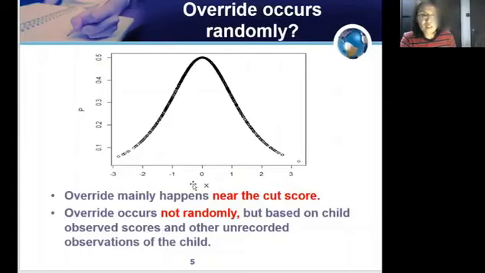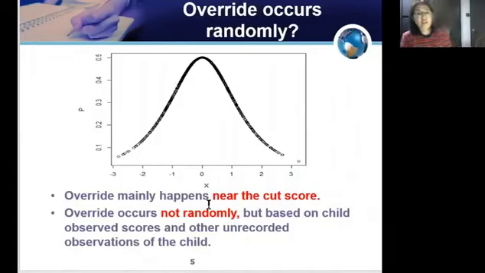So the override decision is around the cut point. Let's say you have only two ranks in your grading system, for example. The one who is really good, you are not likely to override to the lower grade, right? But the one who is around the cut score can be overridden either way, right?